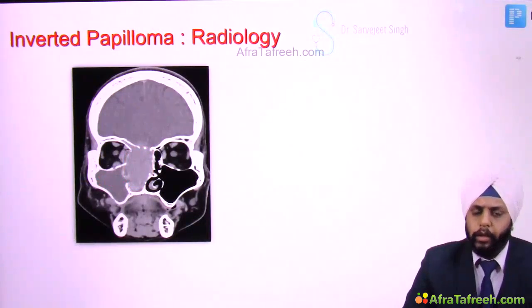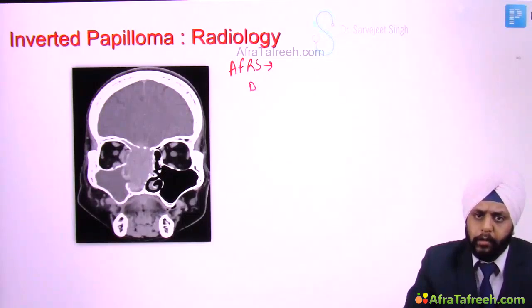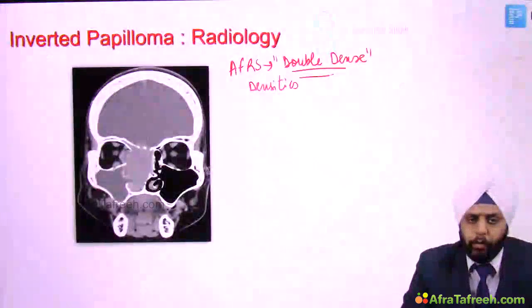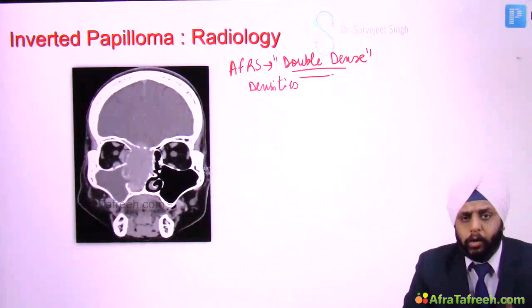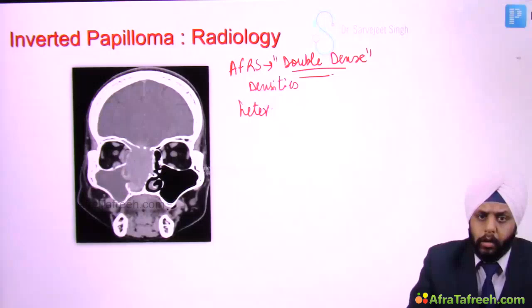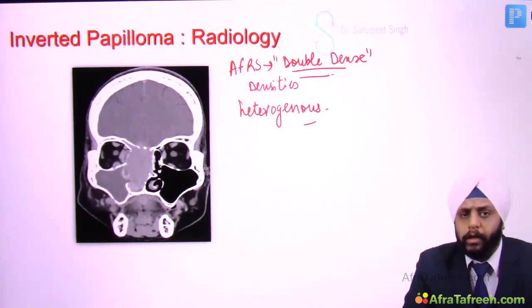Number two, in case of AFRS, you see densities. Remember, we called it double dense appearance. Now in AFRS, you know that the mass is heterogeneous in appearance. There are densities, and that is because of deposition of heavy metals in the dense fungal hyphae.